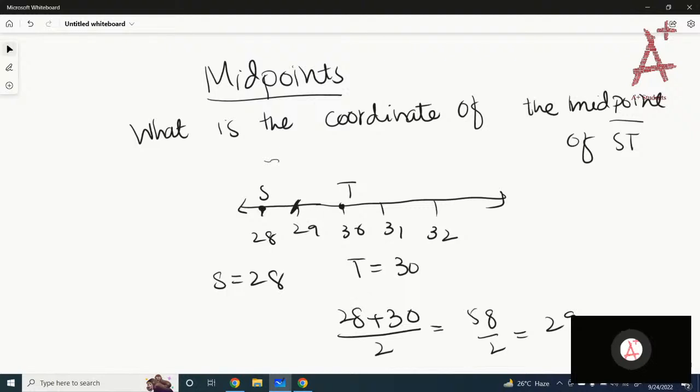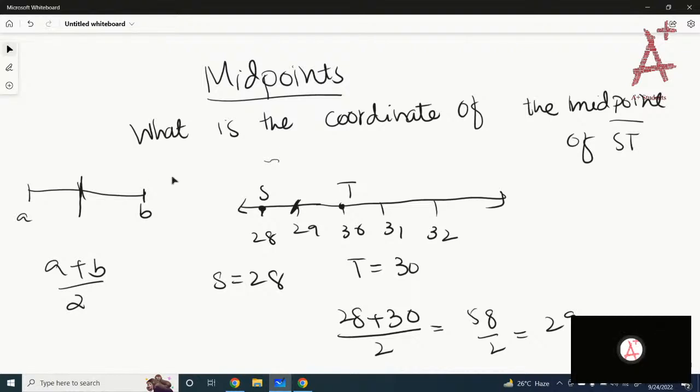So basically the midpoint is a point on a line that divides the line into 2 equal parts. Got it? So how can you find the midpoint? Just add both the endpoints and divide them by 2. You'll find the midpoint of the line. Got it?